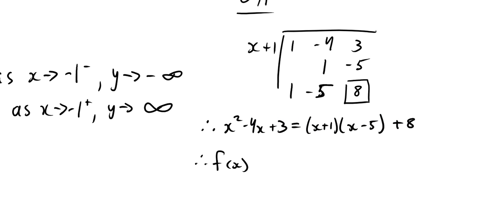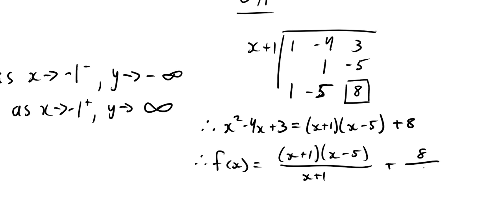And this expression that we've come up with, which is like our division statement, is useful for when I do this. When we did this the first time, we wrote that whole thing over x plus 1, and then that looks very similar to what our original function was.